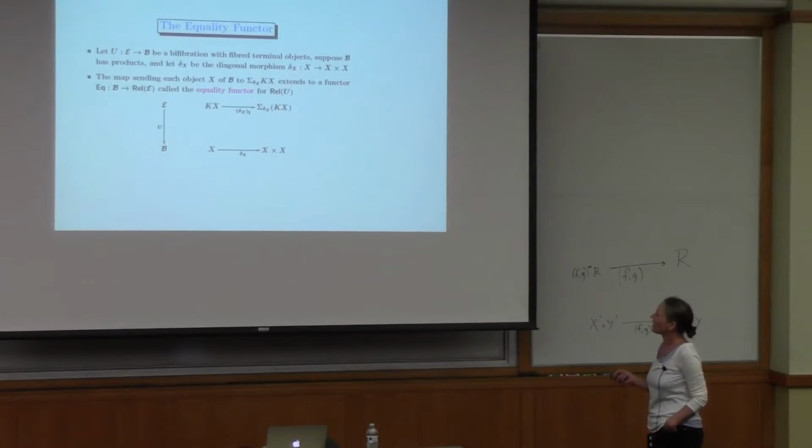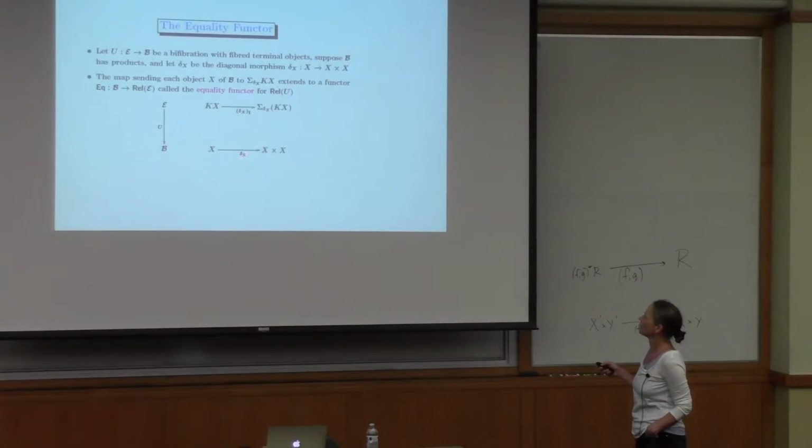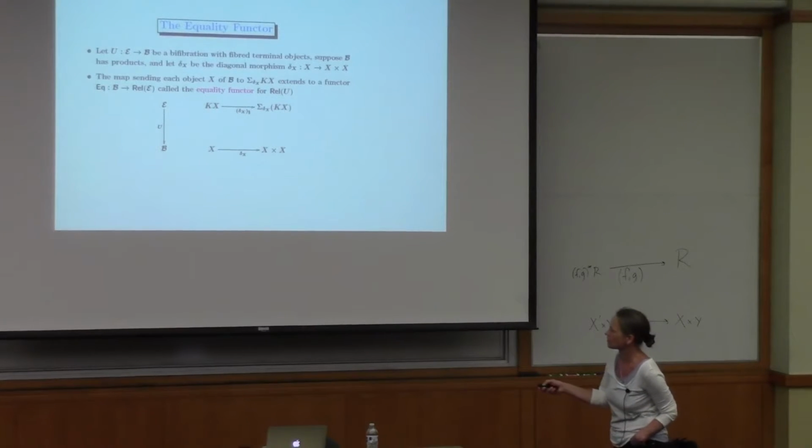Okay, so suppose I just have that morphism, taking x to x cross x. If I look at the opcartesian map above delta x, then that is going to take kx, which is over x, to whatever the codomain of that opcartesian map is. We were calling that sigma delta x of the thing that you start with. That's actually just like what we have here.